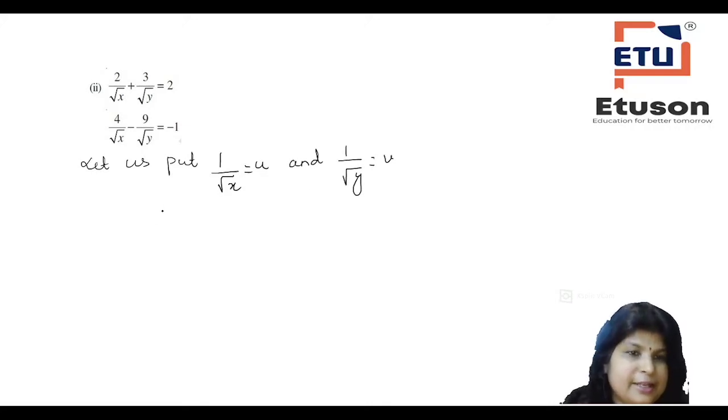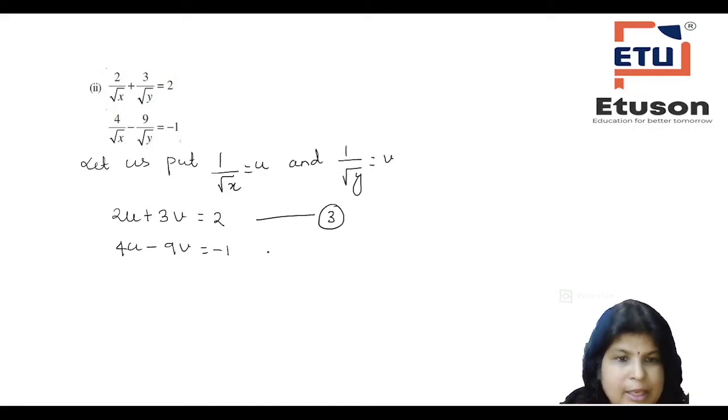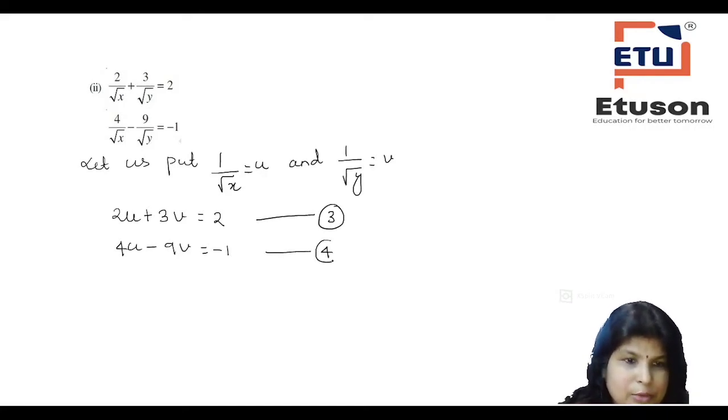Now rewriting the equations, we get 2u plus 3v is equal to 2 and 4u minus 9v is equal to minus 1. So this becomes your equation 3 and this becomes your equation 4.